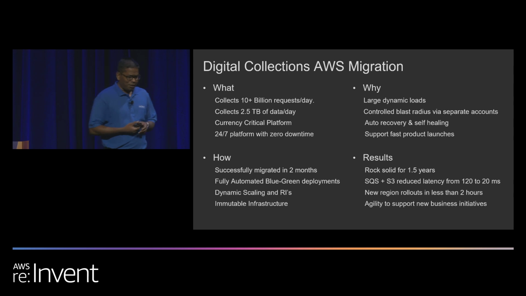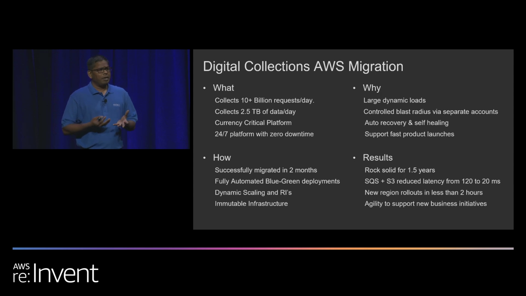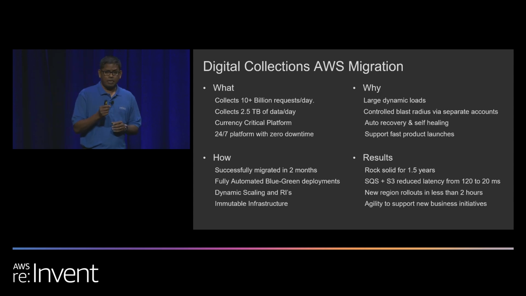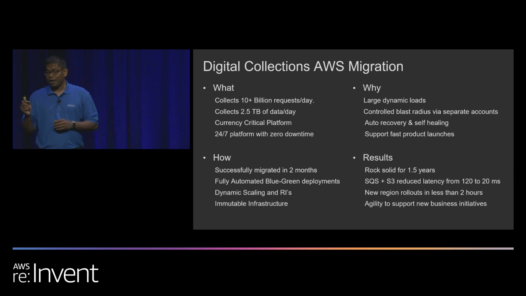So that brings us to the next section, where we want to discuss our collections platform migration. The work we do in AWS is incredibly important in how we deliver products to our market. Today, we are going to discuss the collections platform. It's a Java-based application. It collects over 10 billion requests globally on a normal day.